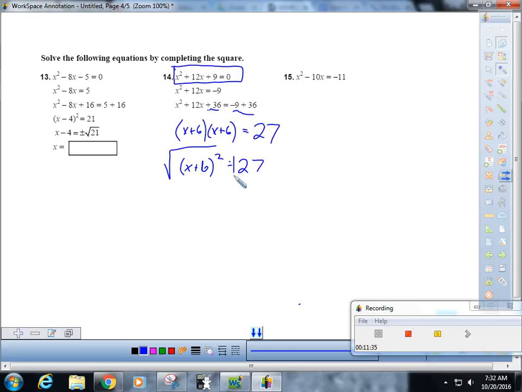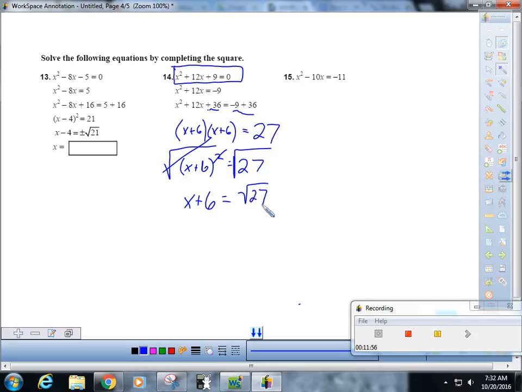We're actually going to square root both sides. Okay? Now, what does the square root do to the squared? It cancels it. So on this side, now we just have a nice, easy x plus 6. We want our answer exact. 27 is not a perfect square, so we leave it as radical 27.